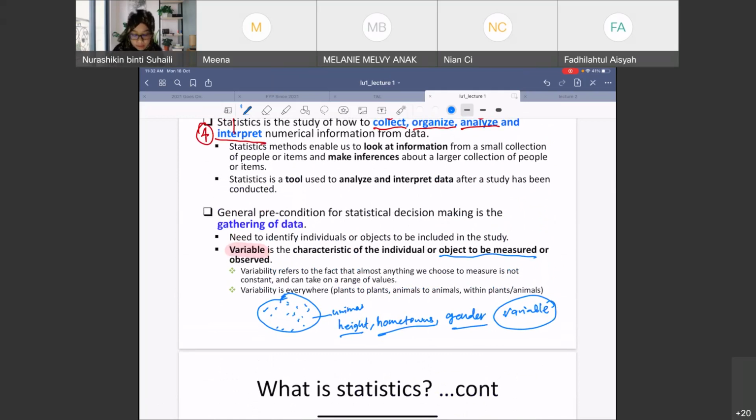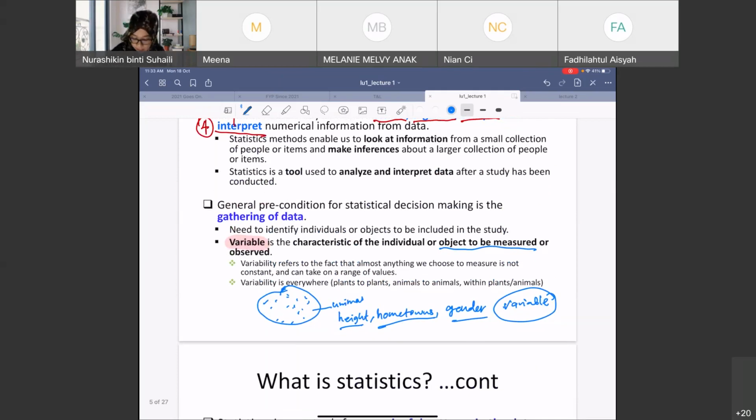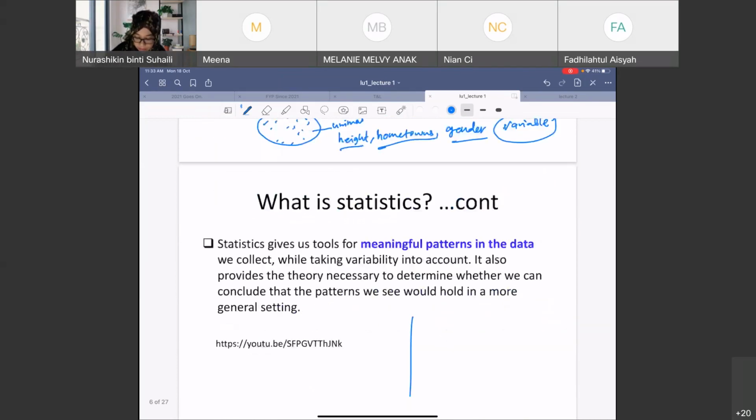At first, of course, I would collect the information about height: the height of student A, student B, student C, and so on, depending on how many students I want to observe. That is the raw data.